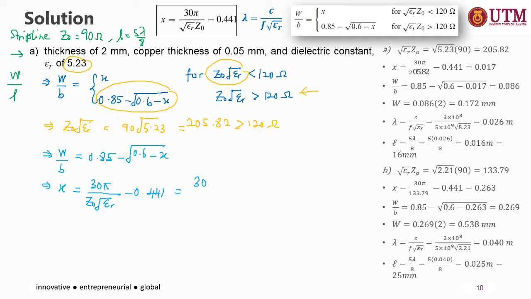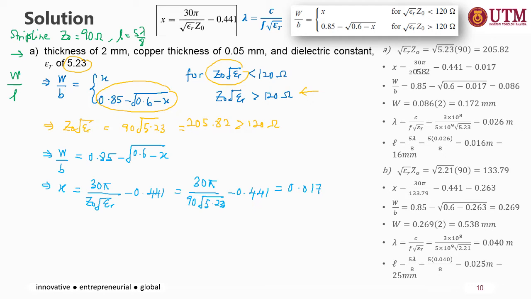So 30 pi divided by Z0 is 90, epsilon r is 5.23 in this case, minus 0.441. So in which your x should be equal to 0.017.